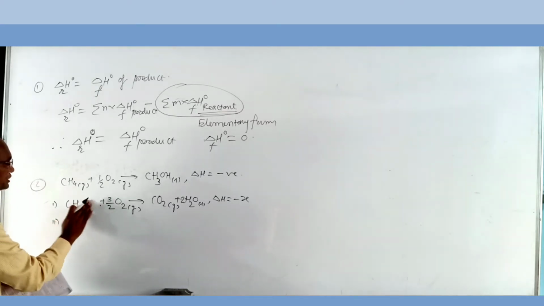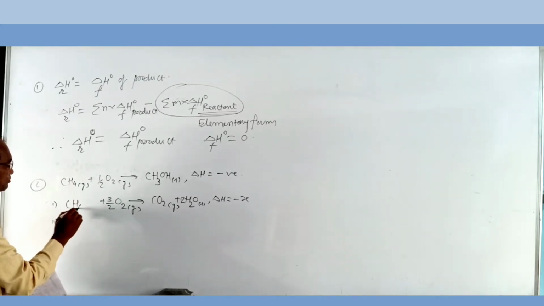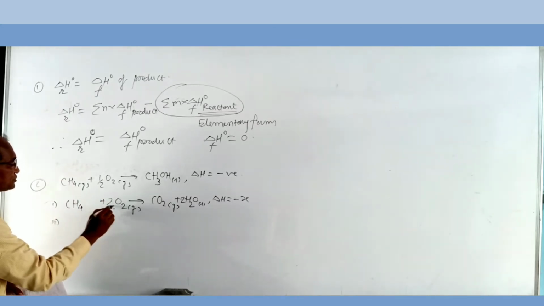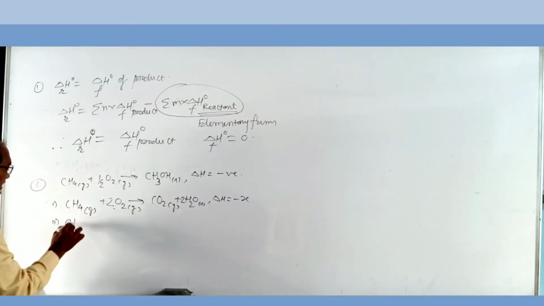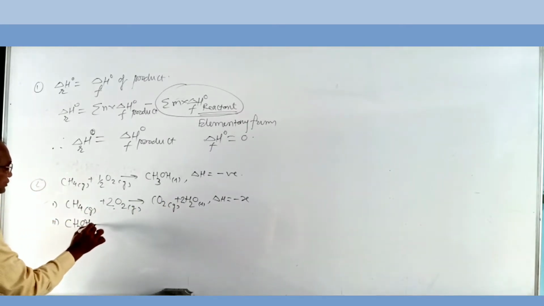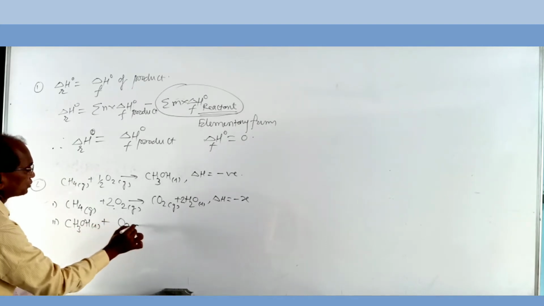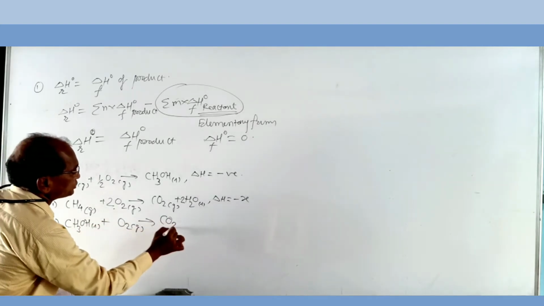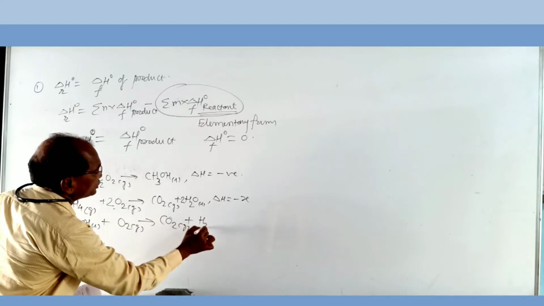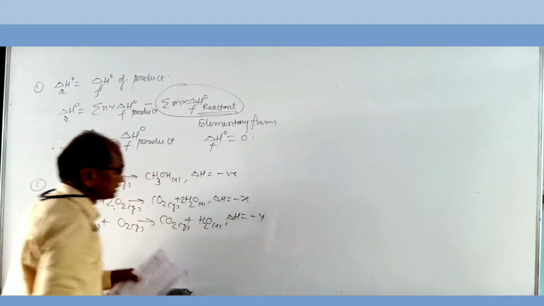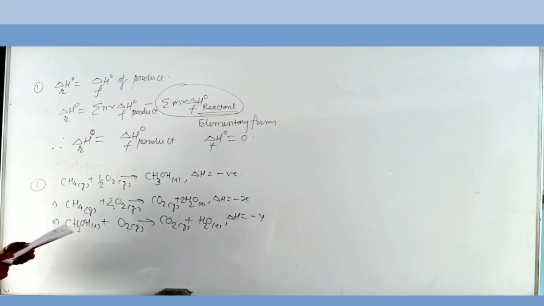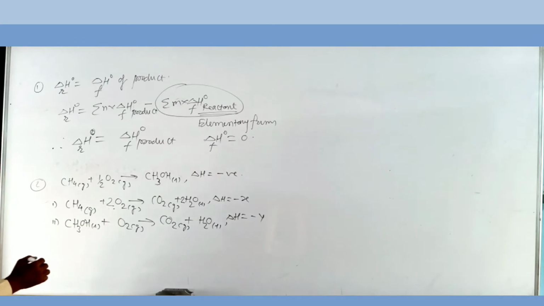The first equation is combustion of CH4 plus twice O2, formation of CO2 plus twice H2O. The second is CH3OH liquid plus 3/2 O2, formation of CO2 gas plus H2O liquid. Here delta H is equal to X and Y respectively. Then which relation is correct?